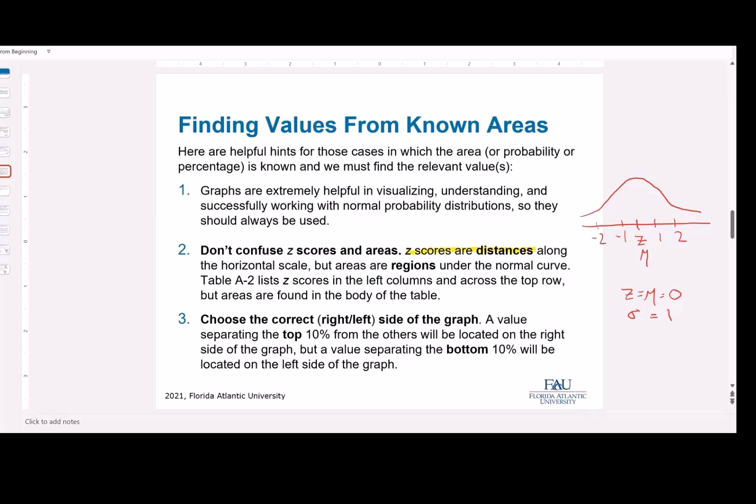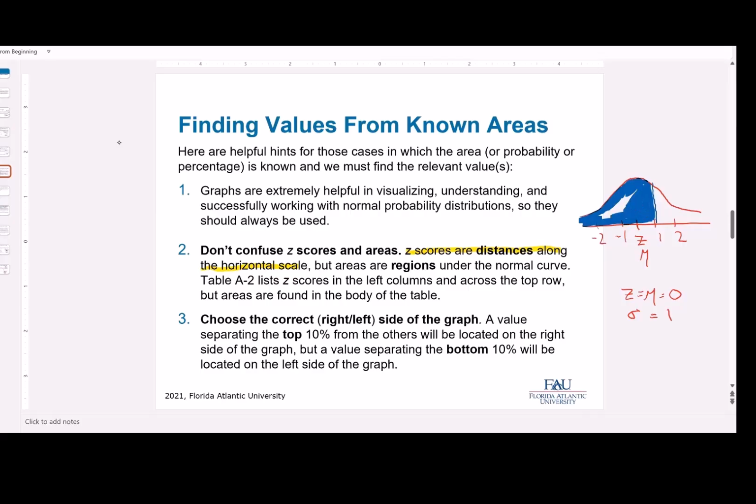Z-scores are distances along the horizontal scale. But if I wanted to know the probability that my value is less than or equal to 1, this is my area from the left to the value that I picked for my z-score.